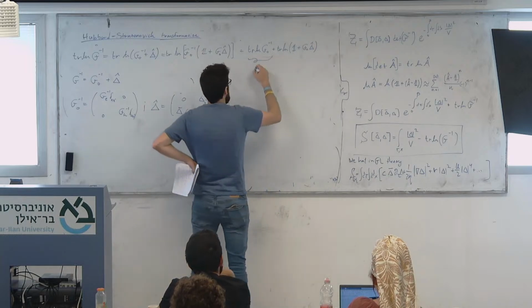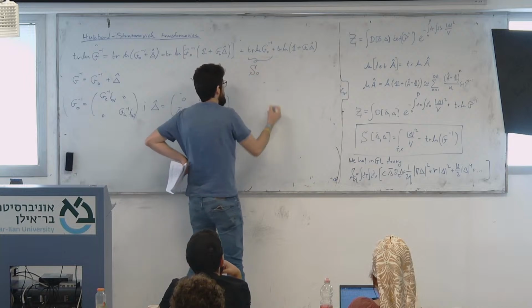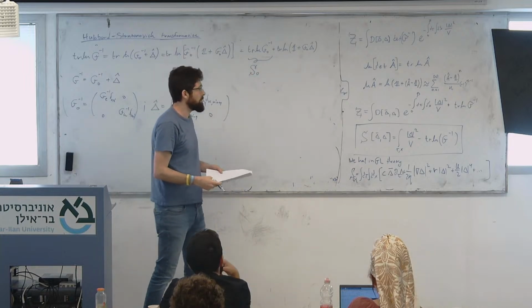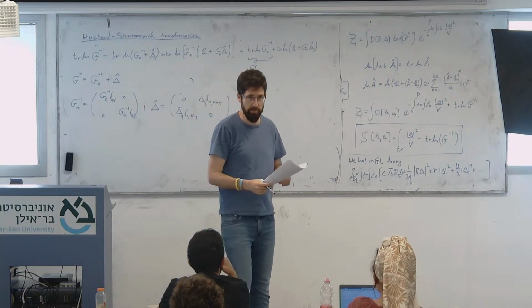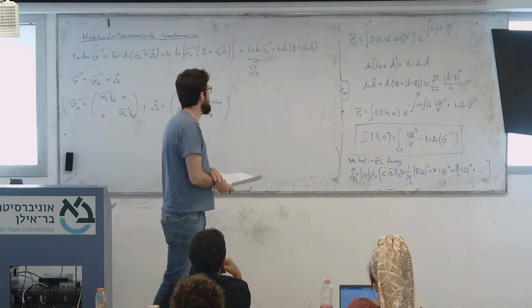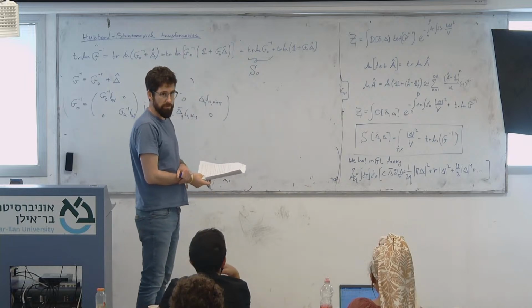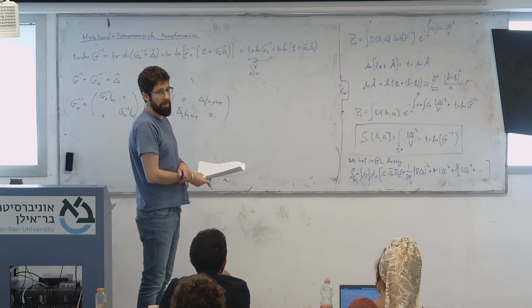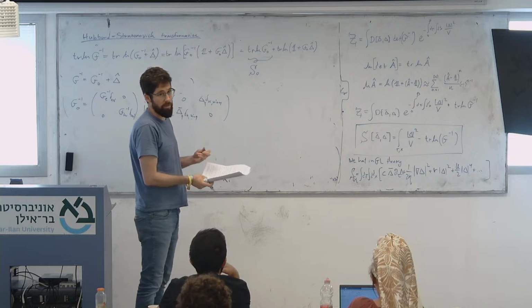This part we can just call S0. This is the action of the fermions in the absence of the superconducting field. Or in fact it's the non-interacting action.